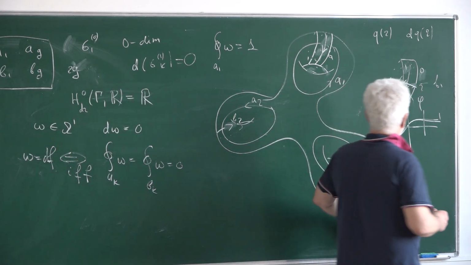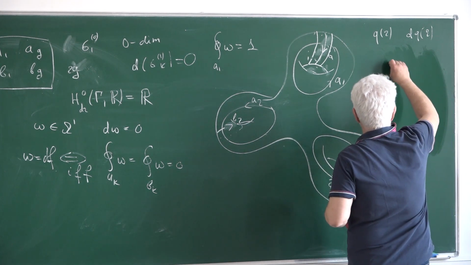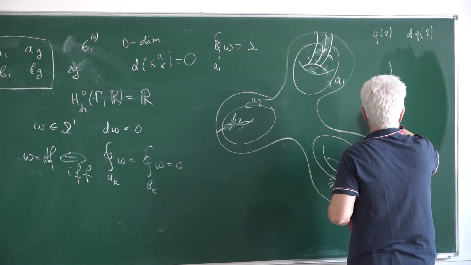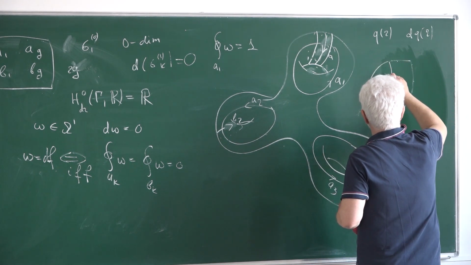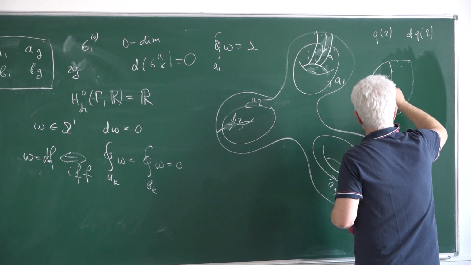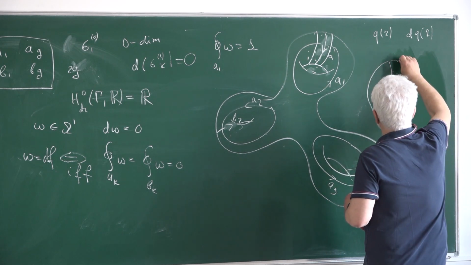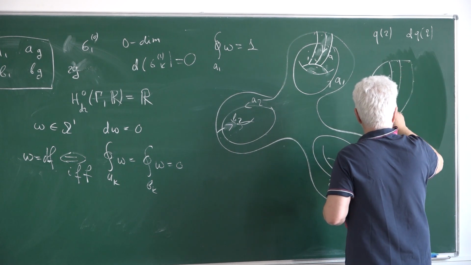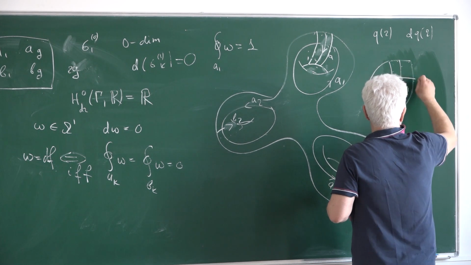Okay, let me repeat it. Let me redraw the belt. B1 and we have A1.